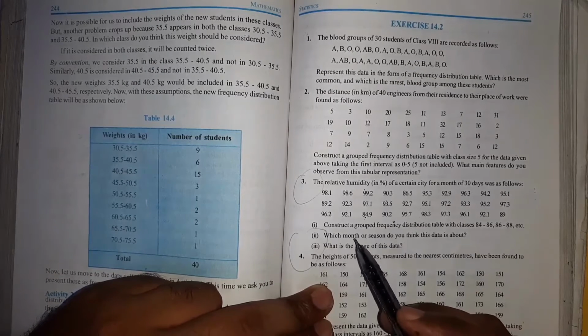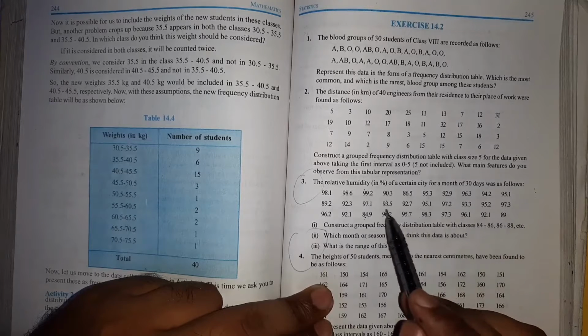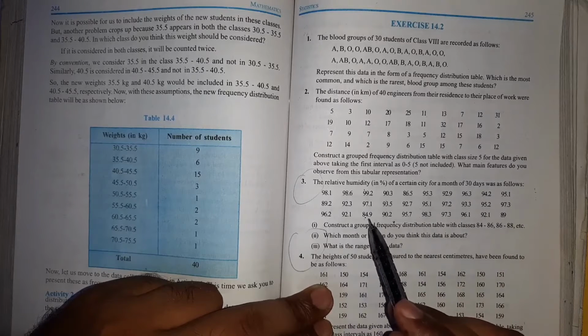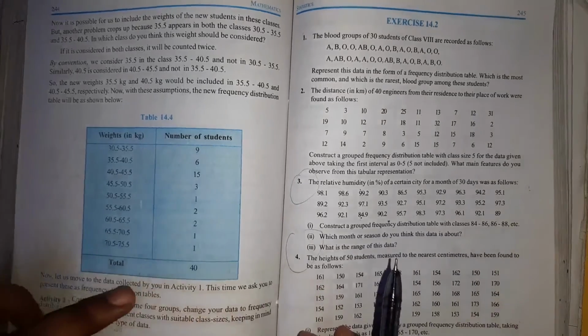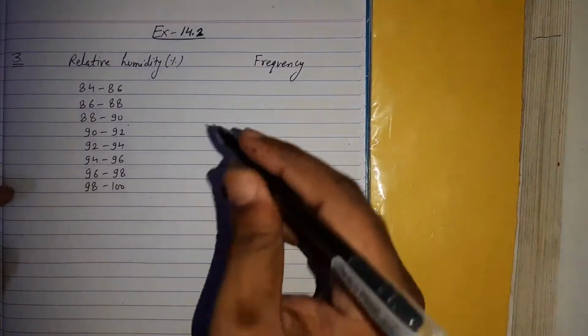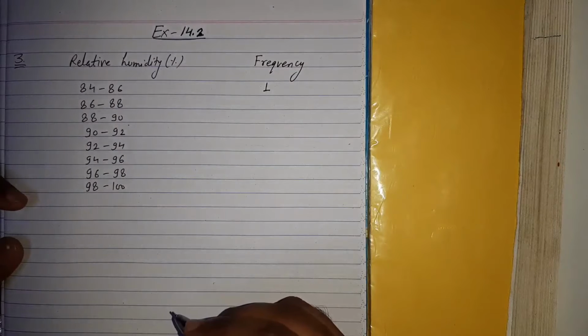Here you can see 84.9. There is only one number that lies between 84 and 86. So the frequency of this first class interval is 1. Similarly, we can find the frequency of the rest of the classes.